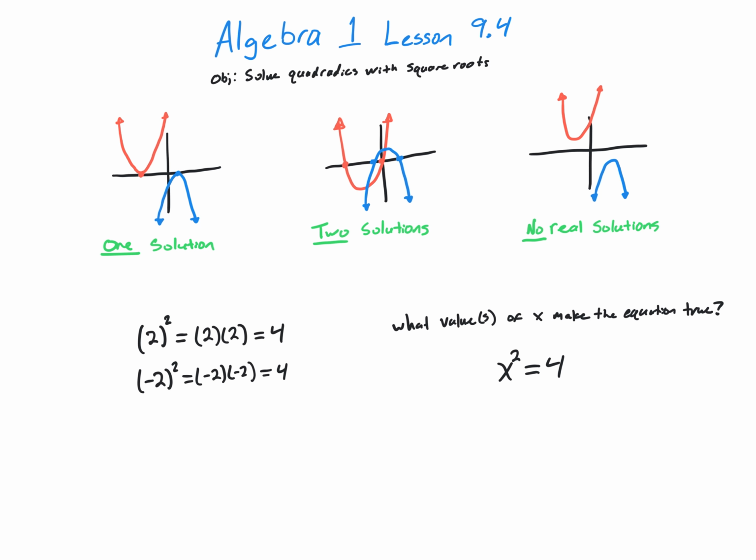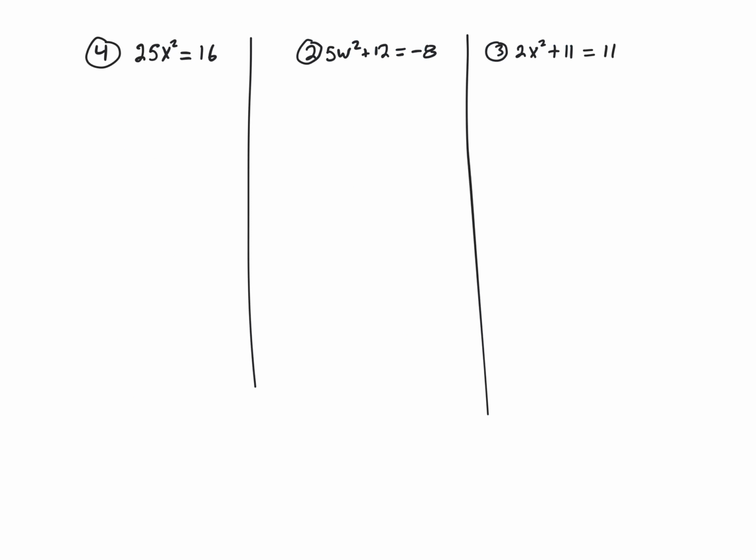So whenever we solve something where we have x squared equals a number, we can take the square root of both sides, and we end up with x on the left-hand side, because squaring and square rooting are opposite operations. On the right-hand side, the square root of 4 is 2, but we need to add on something else. We need to say plus or minus 2. It could be the positive version, or it could be the negative version.